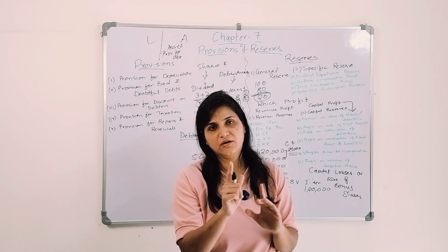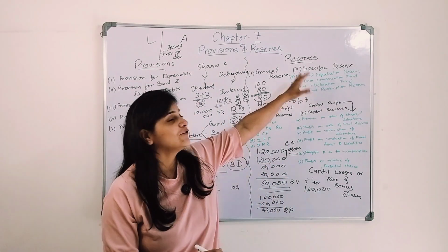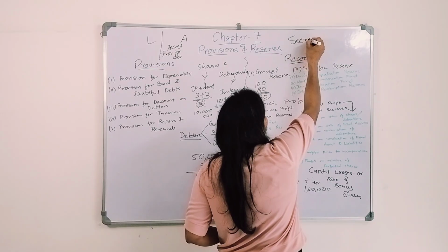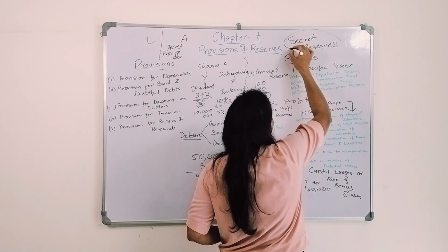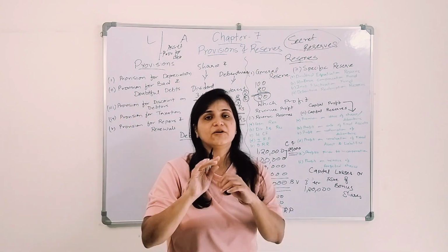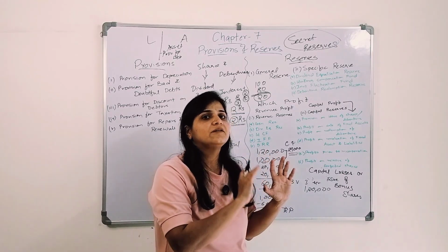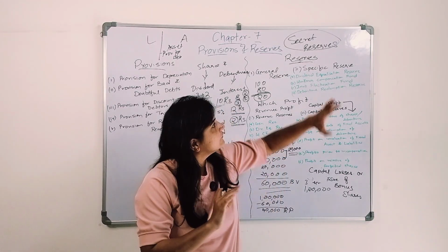There's one more terminology, and that is secret reserves. What is a secret reserve? Why is it called a secret reserve? Because we don't show those secret reserves in the books. We try to manipulate our books in such a way that we create a reserve.